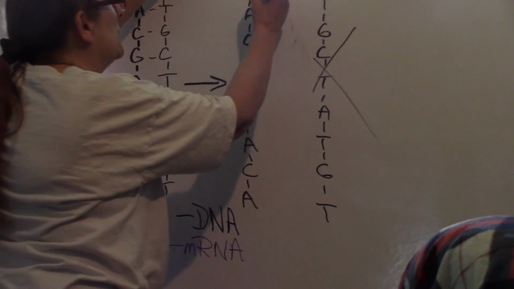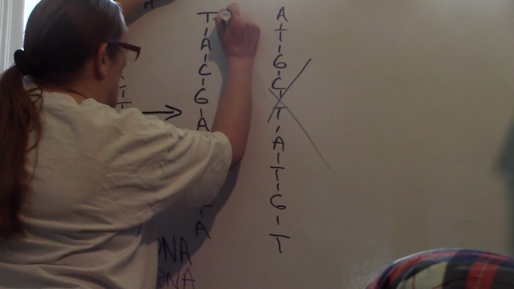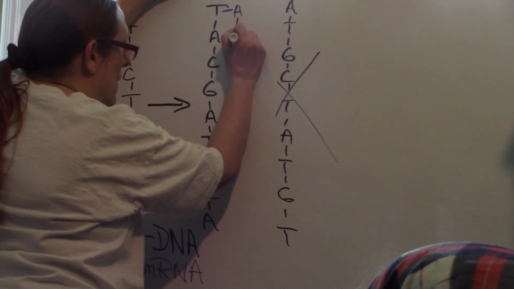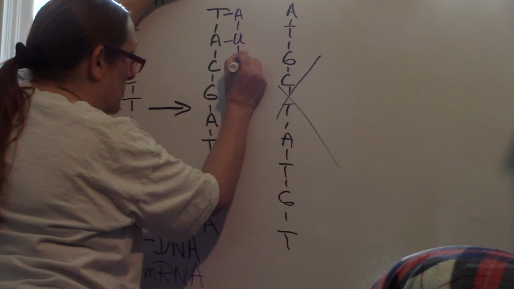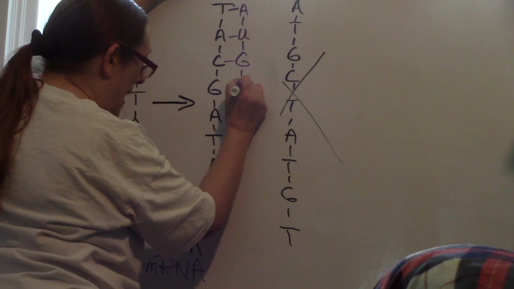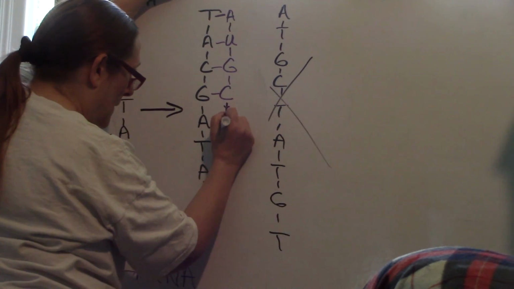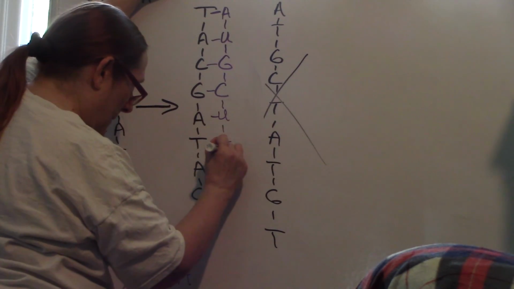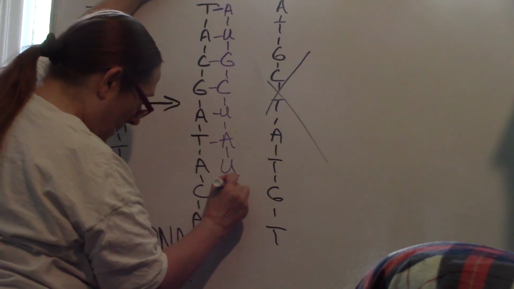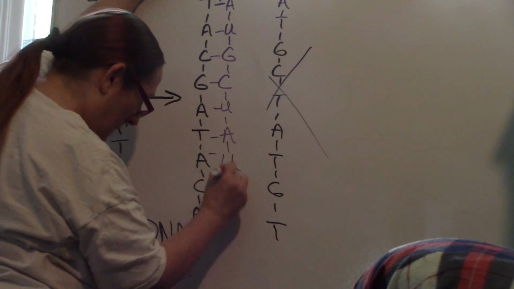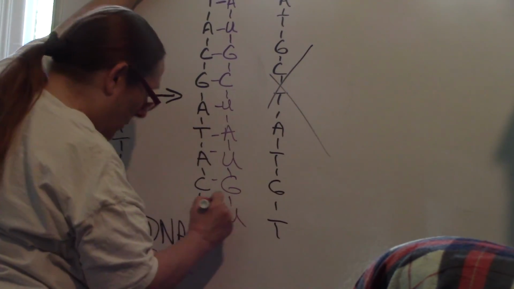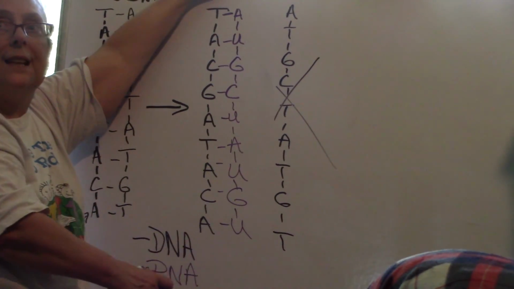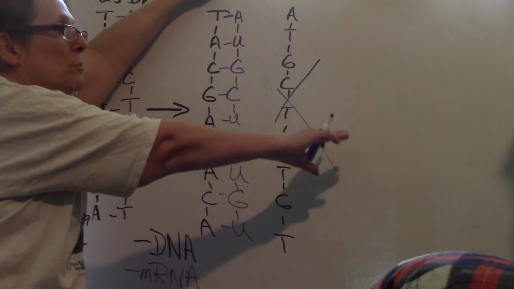So what happens is, this is an RNA nucleotide. It's an adenine. This one is a uracil. This one is a guanine. Then we have a cytosine, a uracil, an adenine, a uracil, a guanine, and a uracil. This is our messenger RNA. It is not going to stay there. It's going to move away.